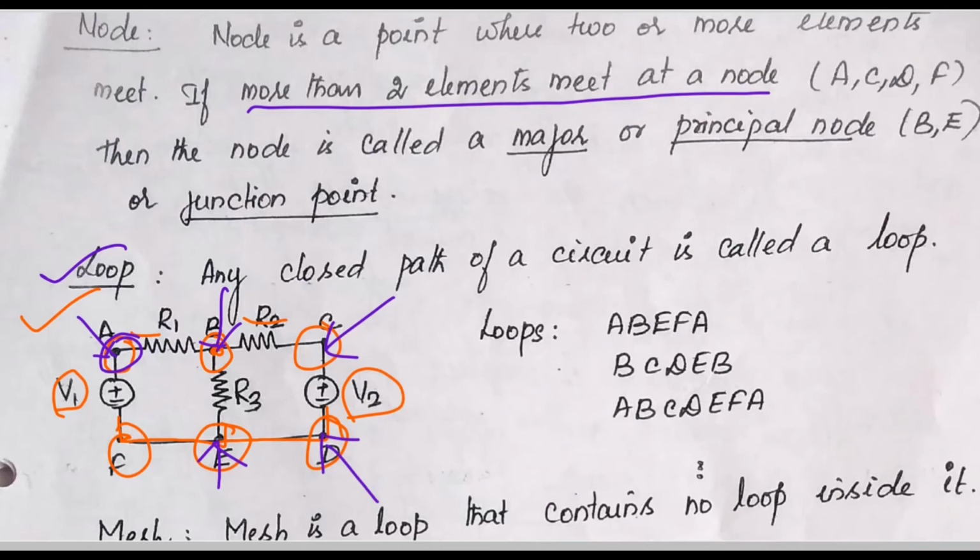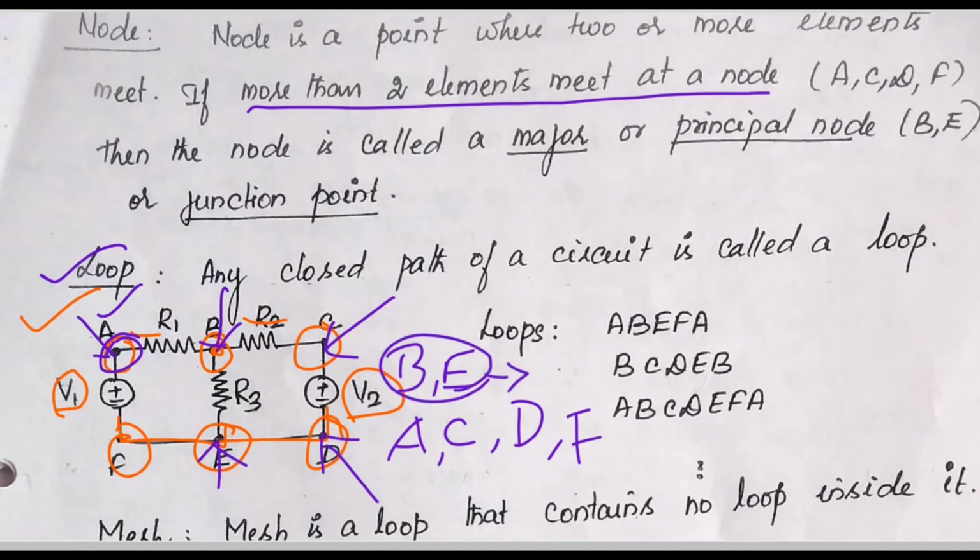So what are all the nodes here? The nodes are A, C, D, F, where two elements are connected. More than two elements are connected at B and E, and these are called junction points or major nodes.